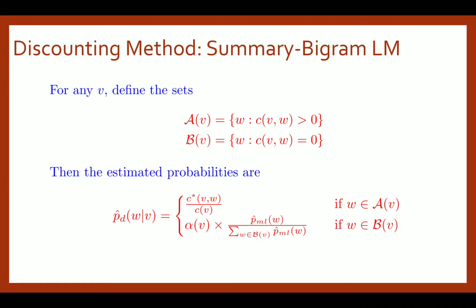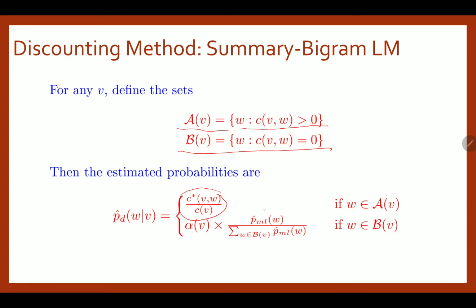In summary, in a more formal way, you have two sets. The first set is where the count of the bigram is non-zero, and the second one where it is 0. For the non-zero case, you just modify its ML estimate by replacing the actual count with the discounted count, and for the ones for which it is 0, the maximum likelihood estimate is 0.